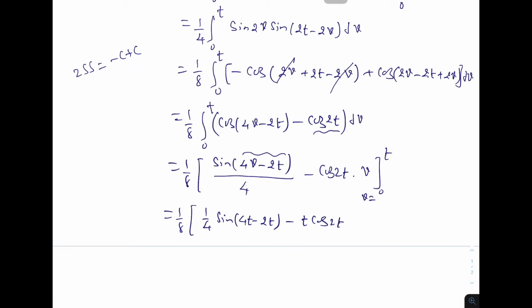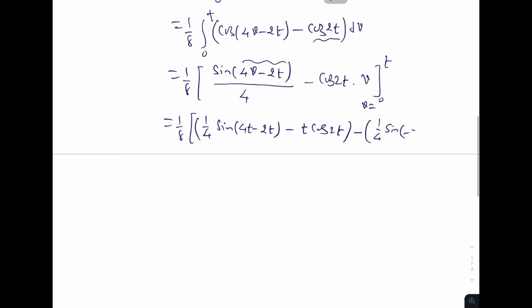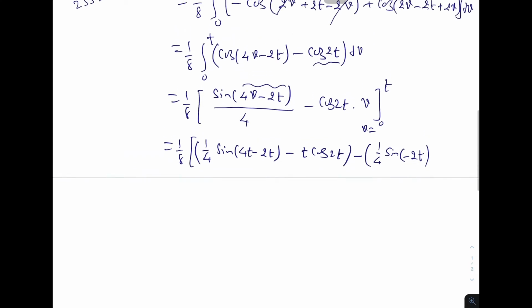This is the upper limit, minus the lower limit with v as 0: 1 by 4 sine of minus 2t. And when we take v equal to 0, because of the v there, that term is 0.